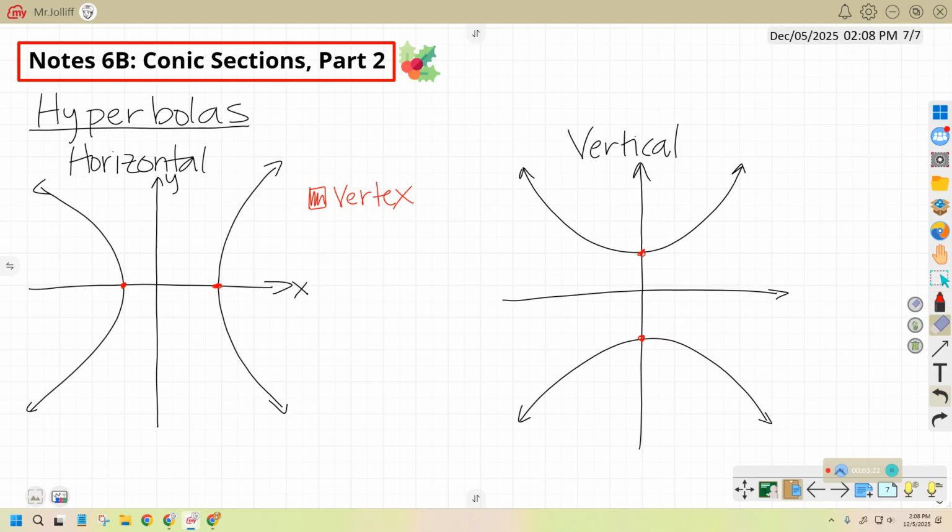I am going to come back and fix this picture because I didn't draw it very well. Better. The center of the hyperbola should be halfway between the vertices.